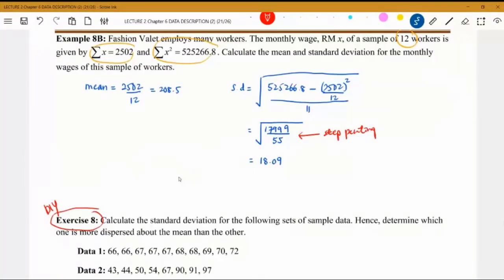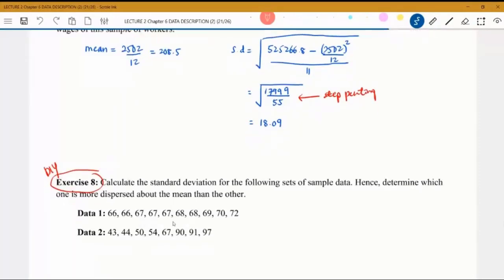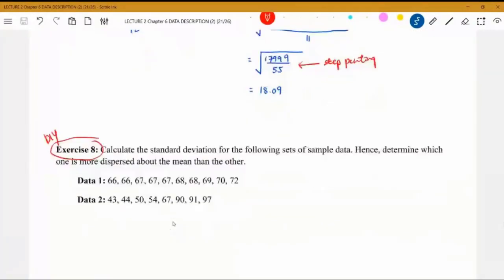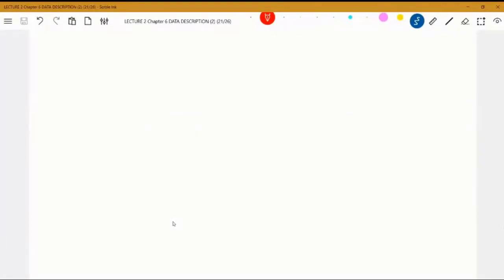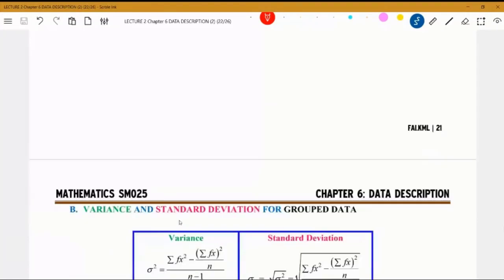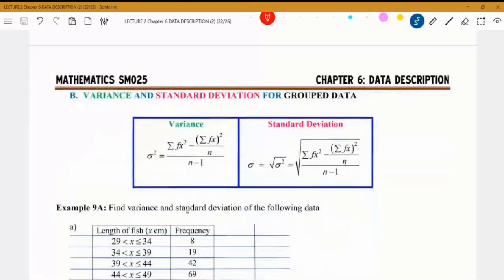So now we can proceed with the finding variance and standard deviation for the group data. So more like the same pattern, which is we have to find the summation fx and summation x. Because for the ungroup, kamu hanya ada summation x dan x square. But for the group data, we add up with the frequency.